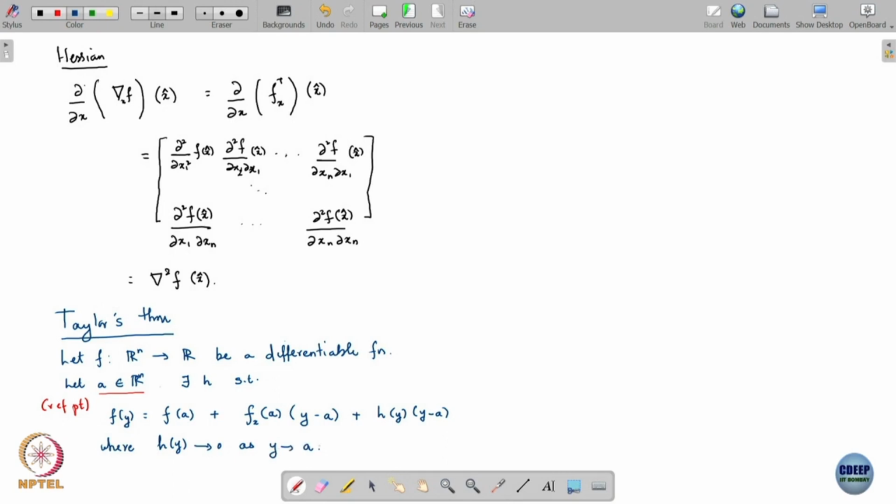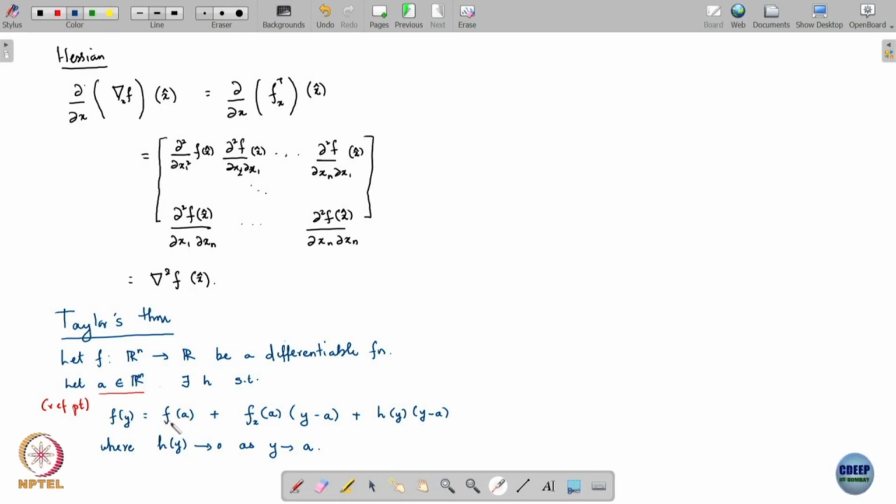Now I want you to appreciate what this theorem is actually saying, and it will become evident as we go into the next main result also. Just for clarity, as y tends to a, of course it is true that f of y and f of a will come close to each other.